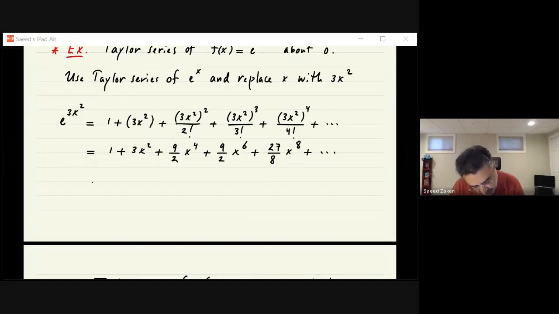Remember, the e to the x power series in sigma notation is this guy, x to the n over n factorial, right? And now, if in this power series I replace x by 3x squared, I get this power series. So that would be the closed form. So let me just say that in closed form.